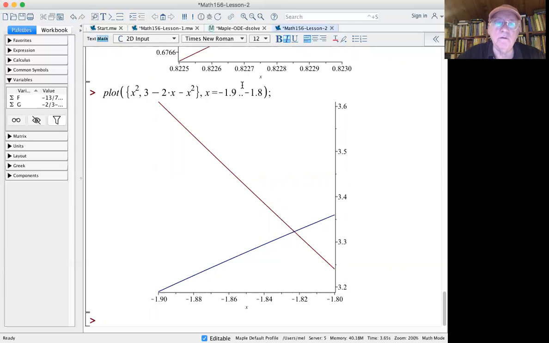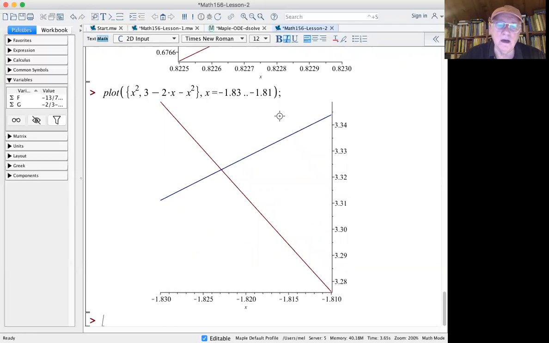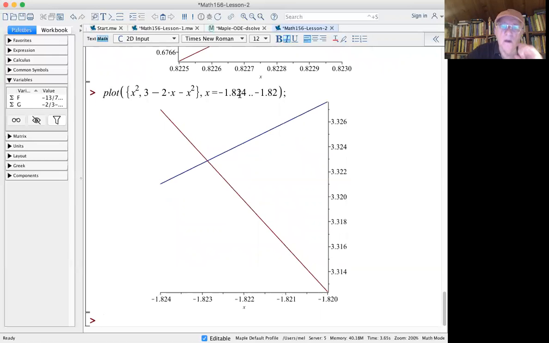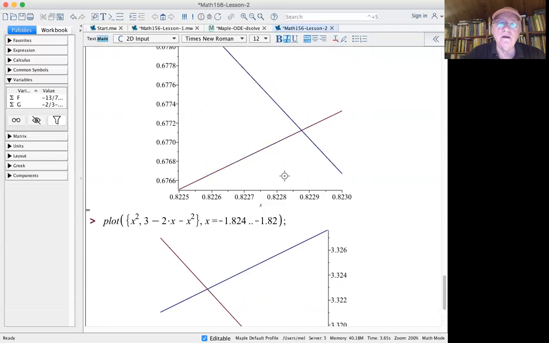Or maybe really between -1.83 and -1.81. Yeah, so it's roughly -1.823.